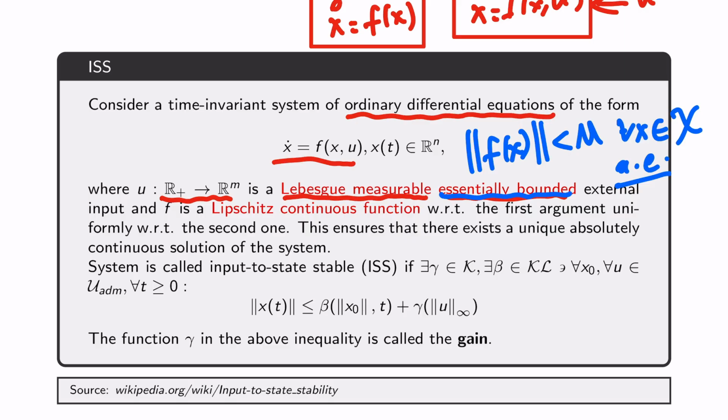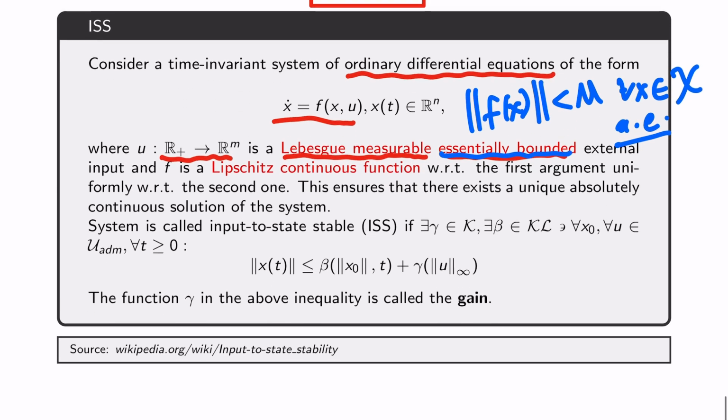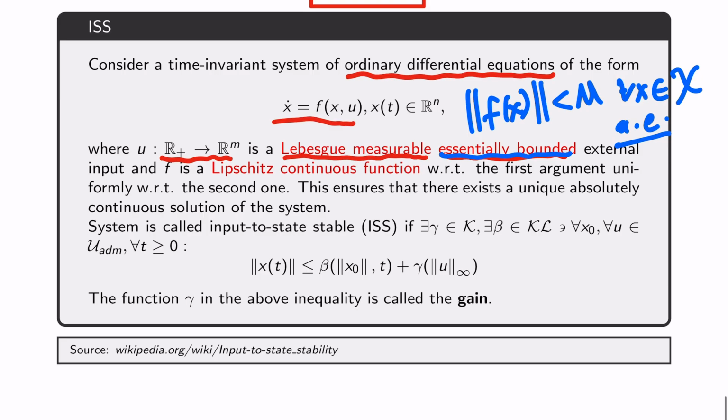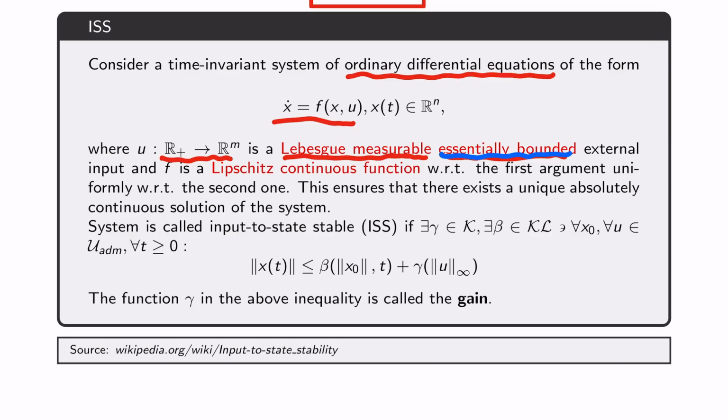The measure of the sets that don't satisfy this criterion is 0. And I'm not going to say anything other than this statement. So let's pretend that it is a nice function.